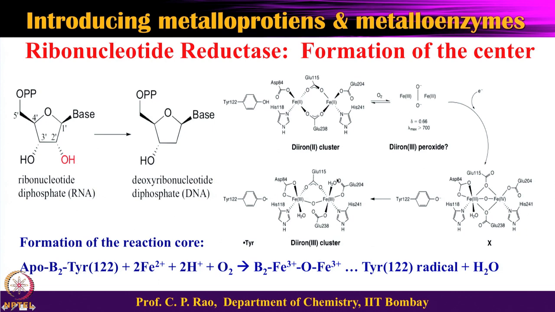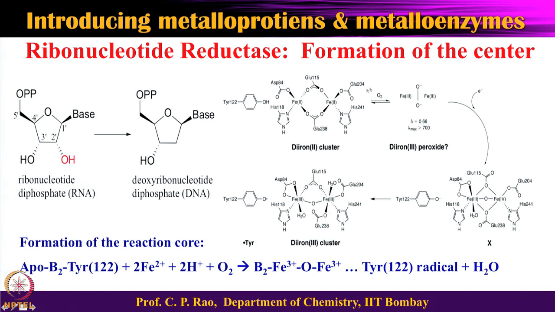Let us look at what the iron center is. You take the ribonucleotide reductase, as I said there are 2 parts, one called the RNR1 part and the other the RNR2 part. In this you have the enzyme where the reaction occurs. How the reaction occurs we will see in a while, and one of them is the di-iron center. You take the apoprotein, meaning the ions are removed, and start adding iron 2 salts, and you will start seeing the iron 2 core being built in.